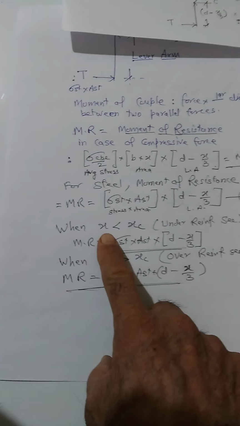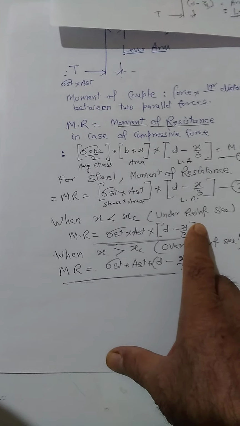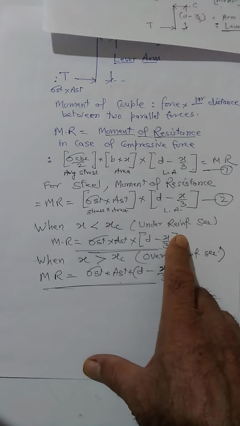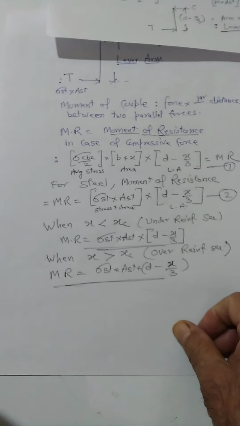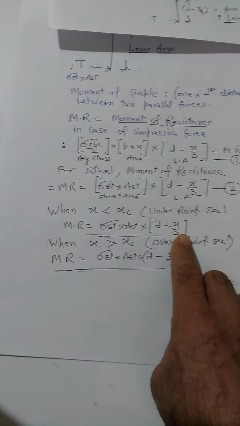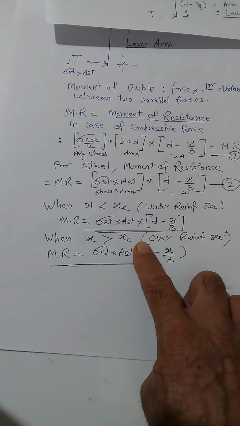Again, I have written when x is less than xc, it is an under reinforced section. Then steel fails, so it is sigma ST AST into D minus x by 3. And when x is greater than xc, it is an over reinforced section.